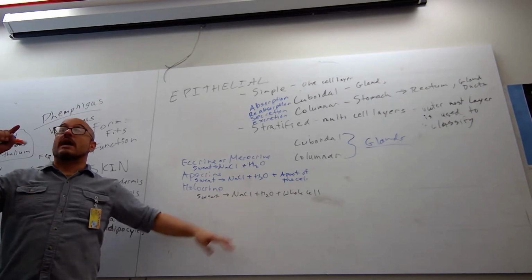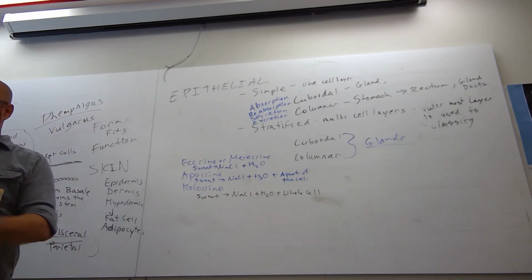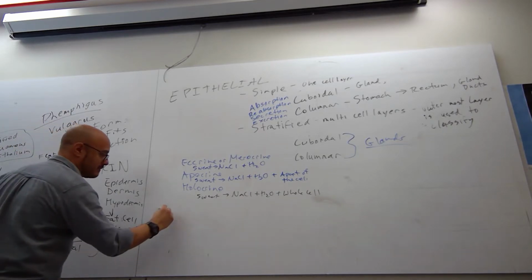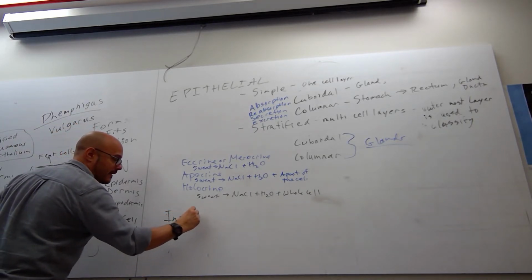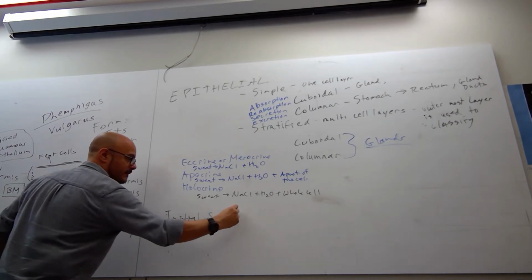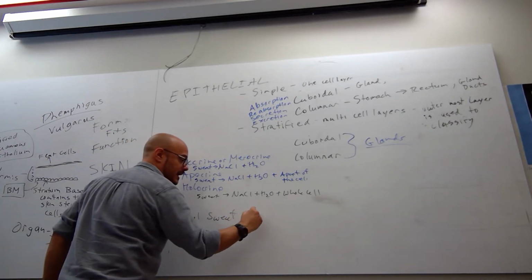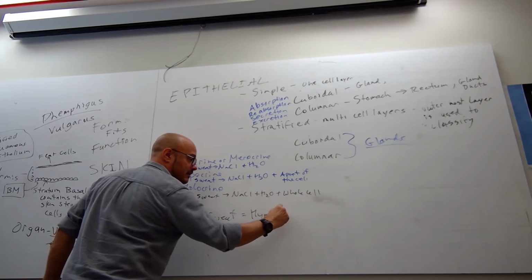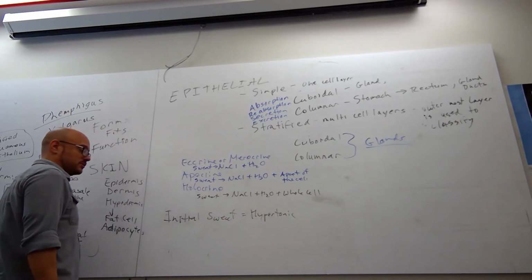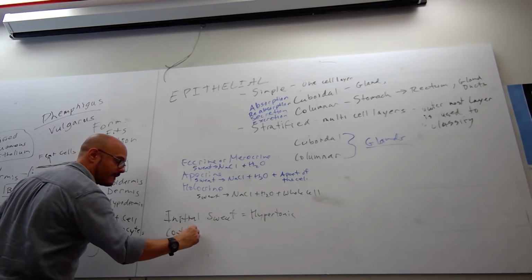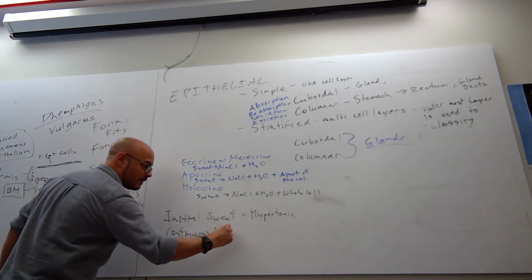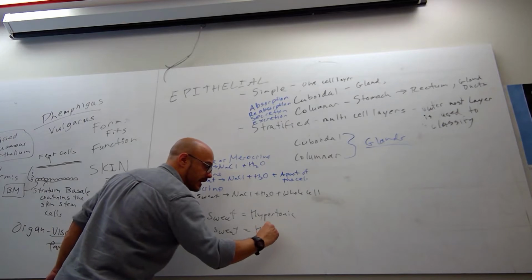This is important. When you initially sweat, the initial sweat is hypertonic, meaning a high salt to water concentration. But then continuous sweat is hypotonic.